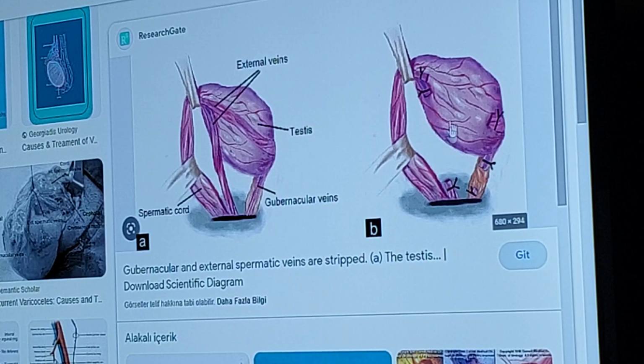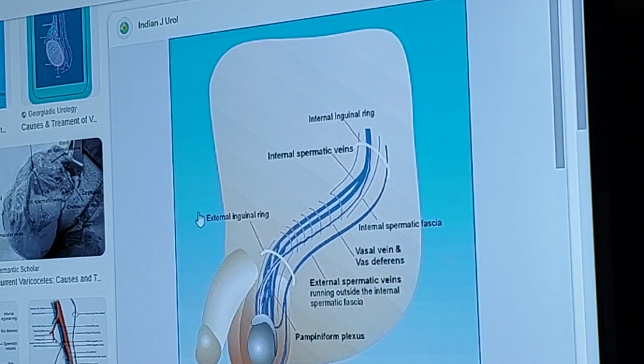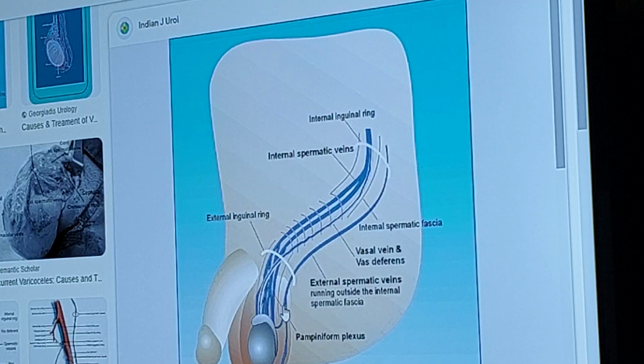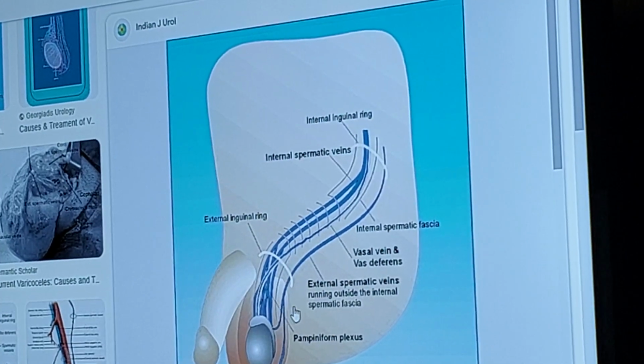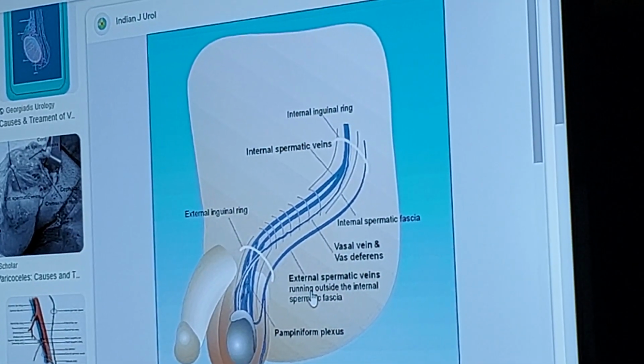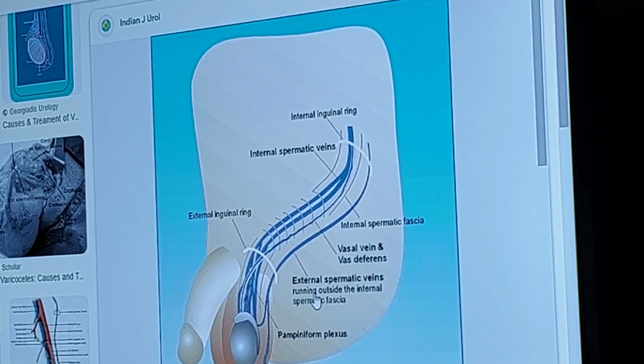We choose to do it like this because sometimes when we leave the vein behind, just ligated, its connection with the gubernacular veins and other veins may make the blood flow continue, and this makes the disappearing of the vessel impossible. So we want to get rid of these veins as long as we can. So the first step of our procedure is taking out the external spermatic veins.